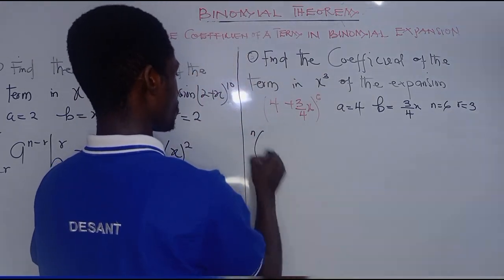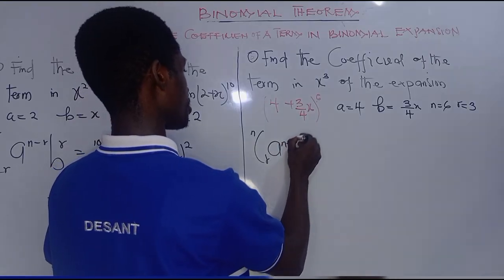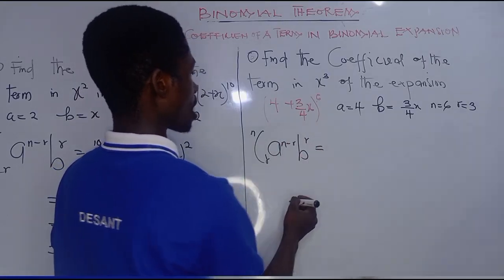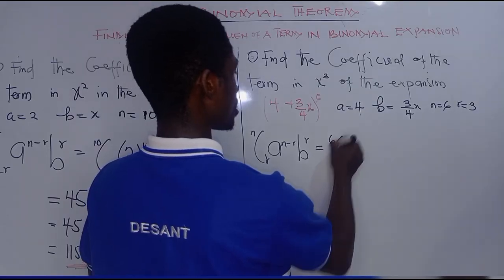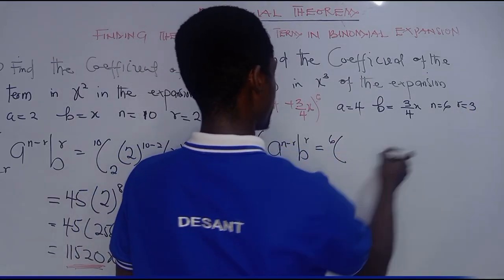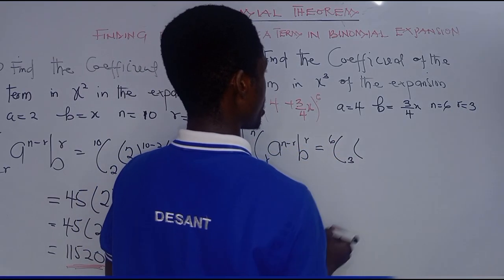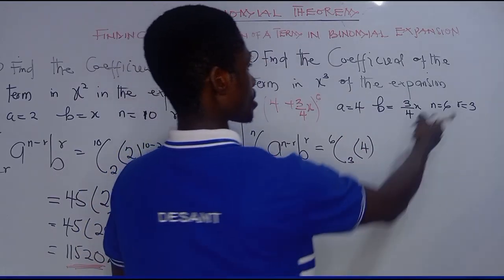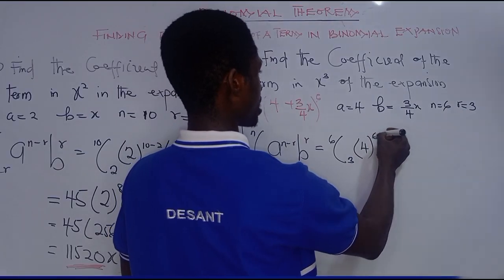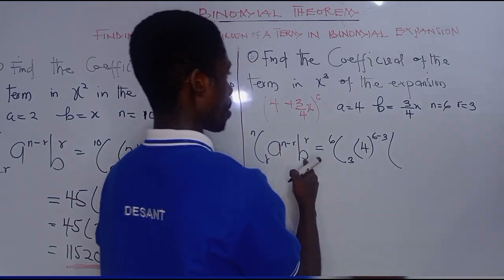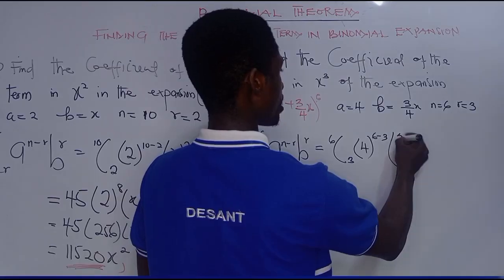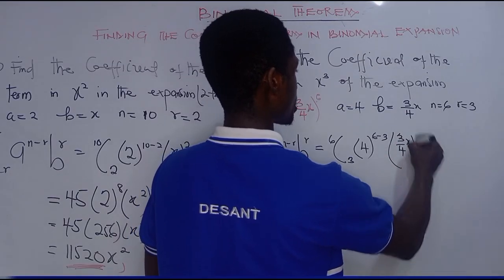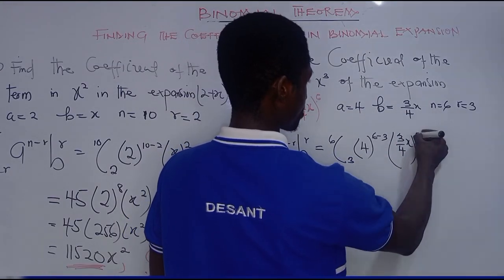So we have the general term formula. Our n is 6, so 6 combination r. Our r is 3. A is 4, and then we have n minus r, so we have 6 minus 3. Our b is 3 over 4x, and then our r is 3.